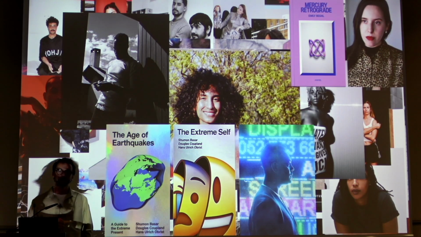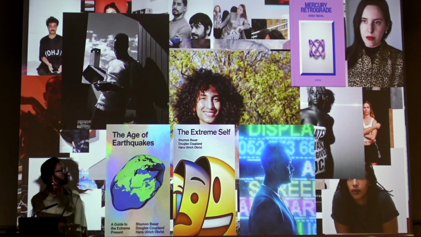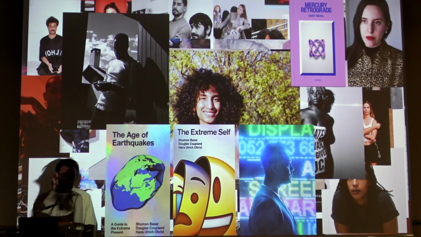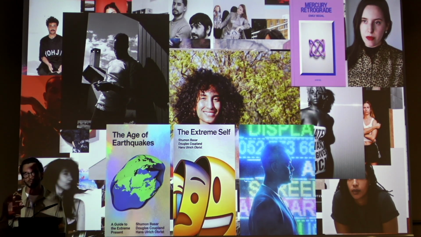Then we have Emily Siegel here. Emily Siegel is a writer. Her first novel is called Mercury Retrograde, but she's also co-founder of a couple of collectives. And the first one that got really famous around maybe 2014 was K-Hole. I don't know if you heard about this or not. It's a New York-based think tank or forecast group, and they, for example, coined the term normcore.